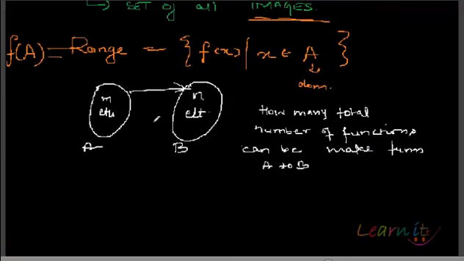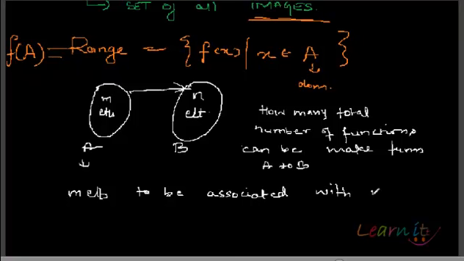So A has m elements, B has n elements. Now m elements are to be associated with n elements. So these are my two crucial values, m and n.